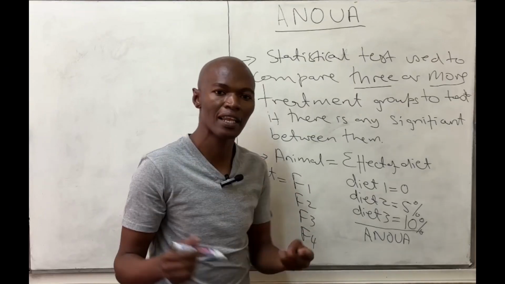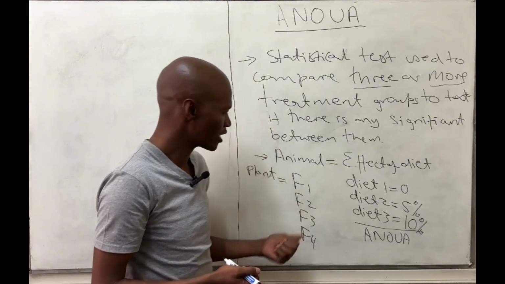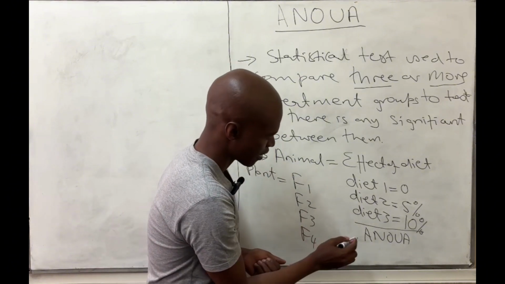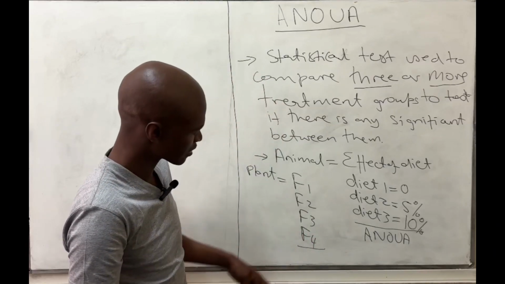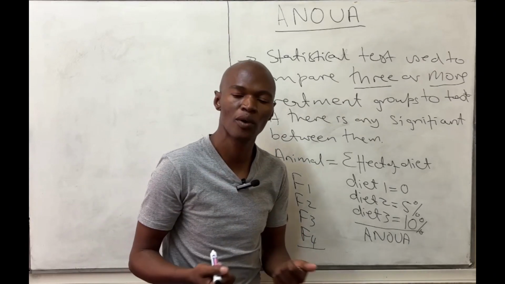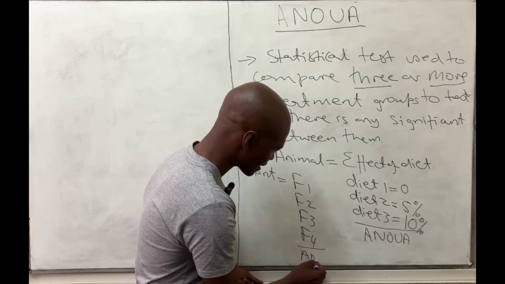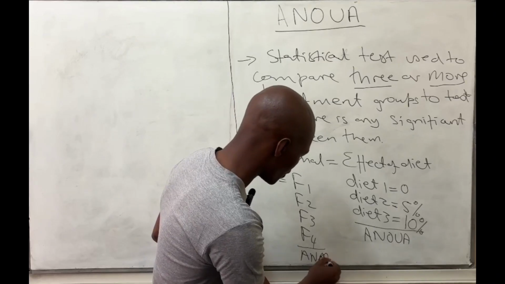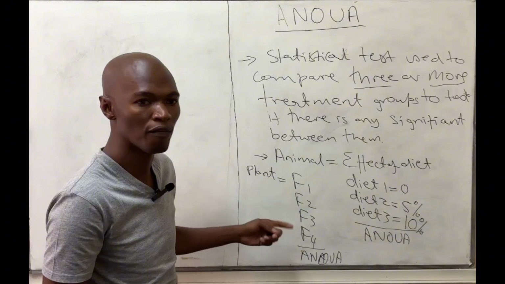As long as your fertilizers or your treatment levels are more than 2, you can use the ANOVA. So for plant sciences, we have all these 4 fertilizers and you want to investigate their significant differences. So the ANOVA is the best statistical technique that can be used to investigate the differences between these 4 fertilizers.